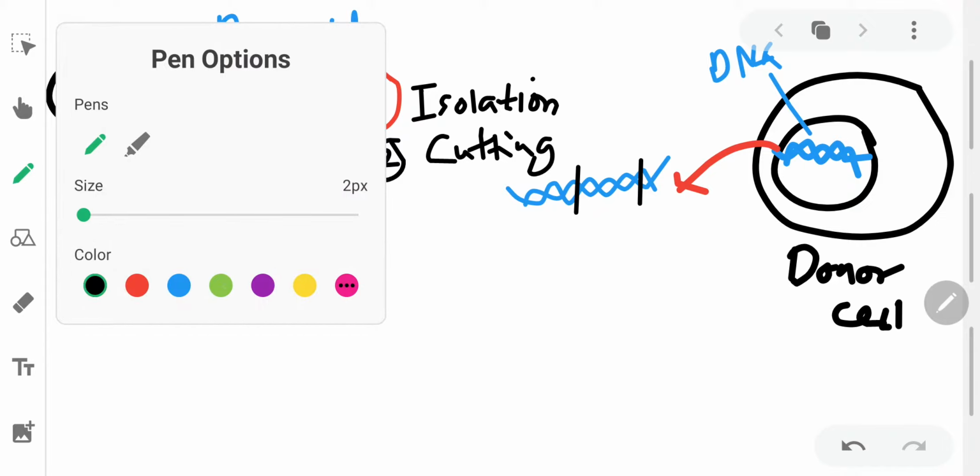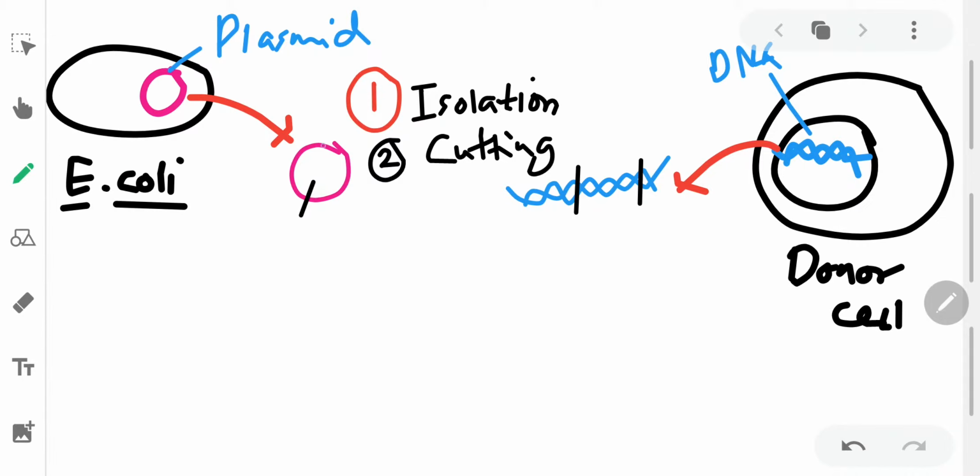Okay, now after we cut the plasmid, it will become like this. It will open like this. Now, when we cut the target DNA, actually we want to cut the target gene.